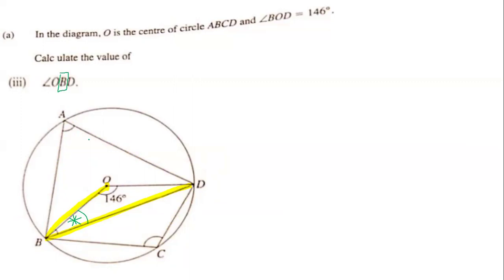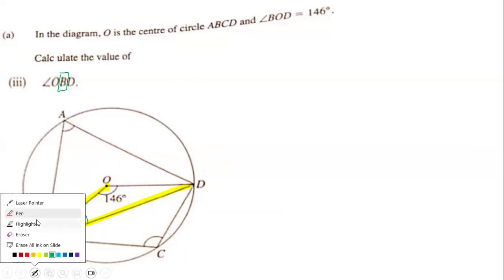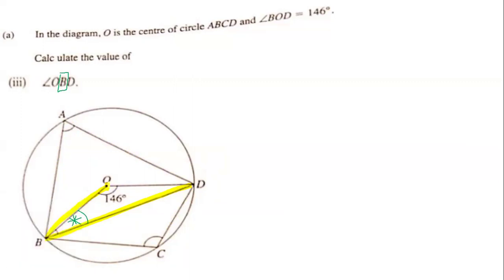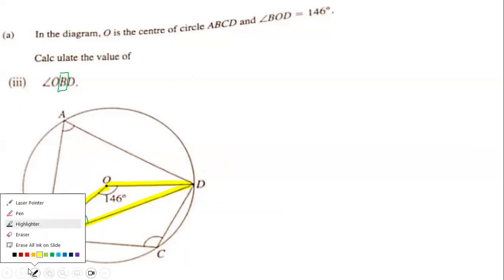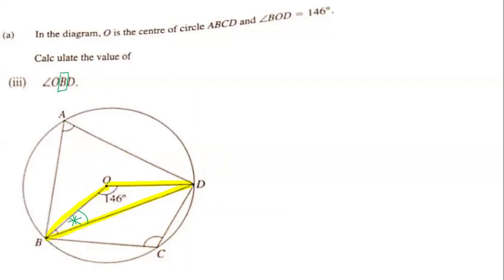Okay, so what do we know? Well, we know that we're actually dealing with a triangle. So if you look carefully, this is a triangle. What else do we know? Well, if we have a line segment that runs from the center of the circle to the circumference, then that line segment is the radius of the circle.